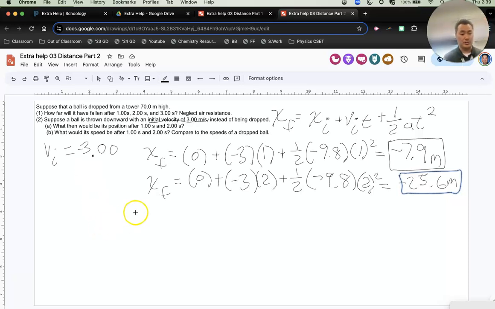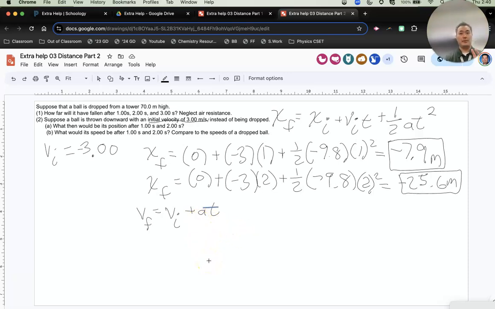Well, here's the equation you're going to use. It's the same equation for your study guide, the same equation for your exam. And that's VF equals VI plus AT. And we have to find that for 1 second and for 2 seconds.